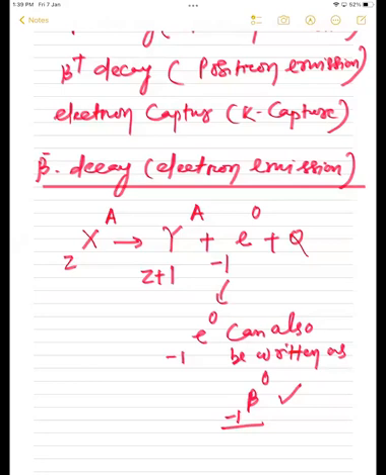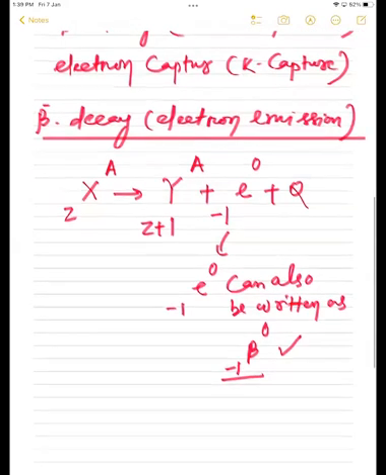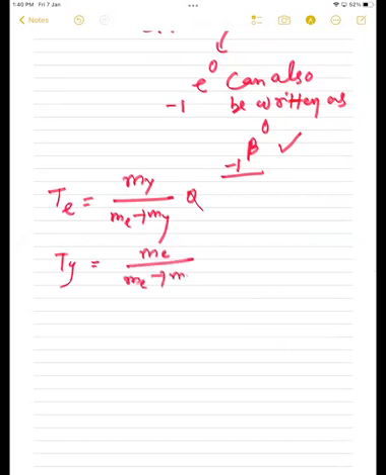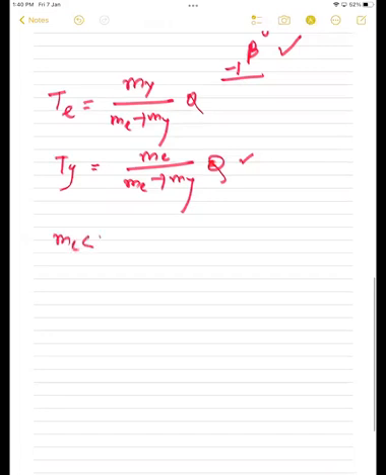Students, see here. This is the beta decay, electron emission. By momentum and energy conservation we will get the total energy Q. Mass of the electron plus mass of Y, into total energy Q. The mass of the electron is less than the mass of element Y that we have taken.